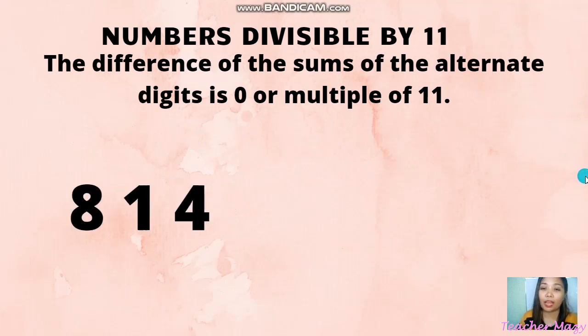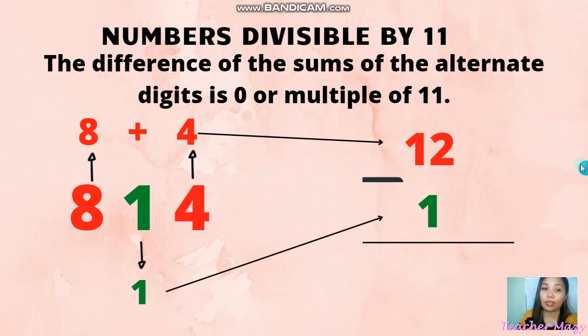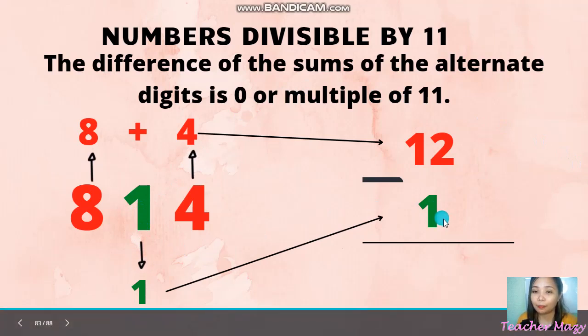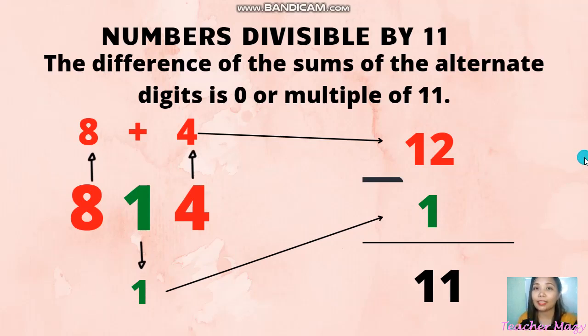Another example, we have 814. We need to add the alternate digits first. So 8 plus 4 is equal to 12. And since wala naman tong ka-alternate digit, let's just copy it. So 12 minus 1 is equal to 11, and 11, of course, is a multiple of 11. So that means 814 is divisible by 11.